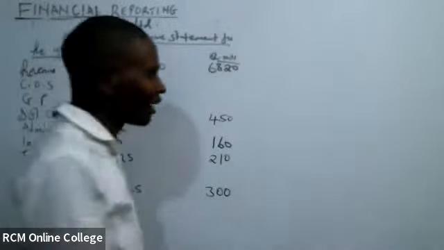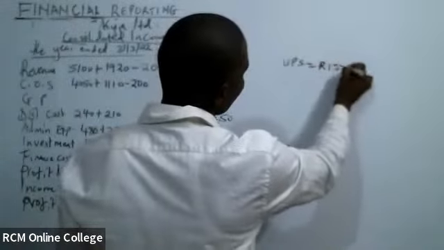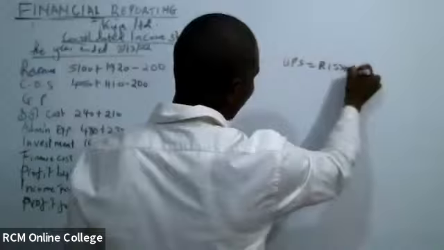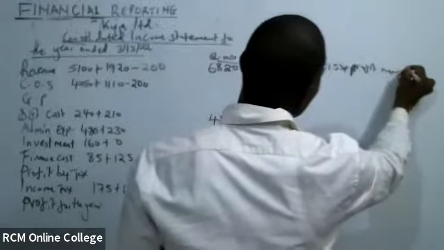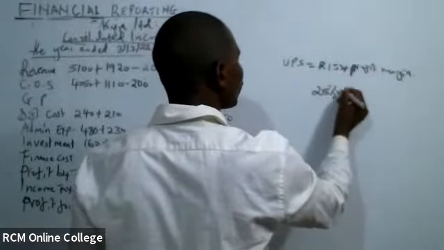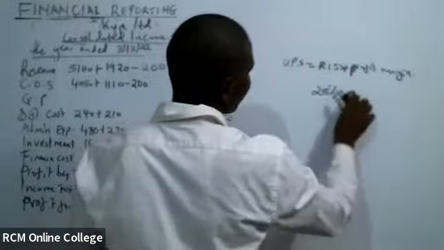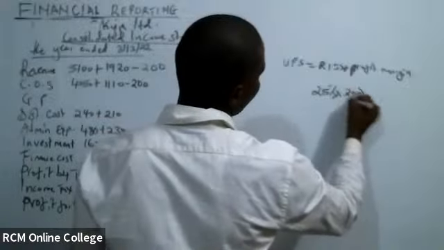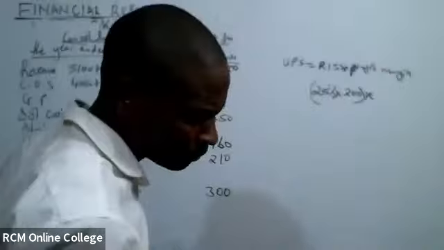To get the unrealized profit, it will be closing inventory times the profit margin. So 25% of 200, times nimepewa markup ya 25.